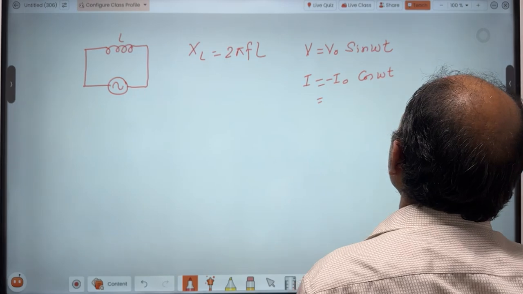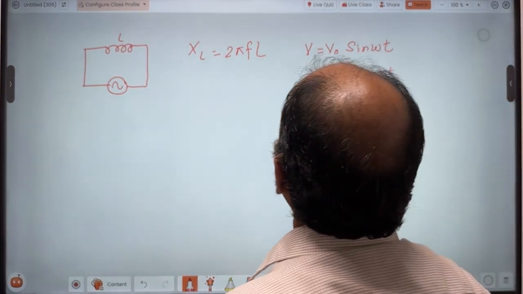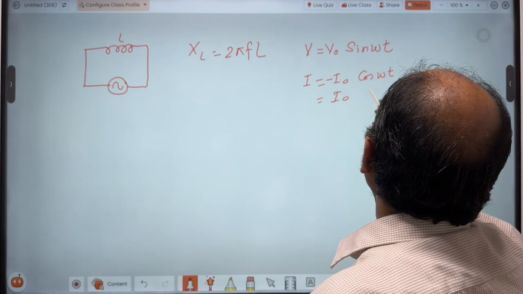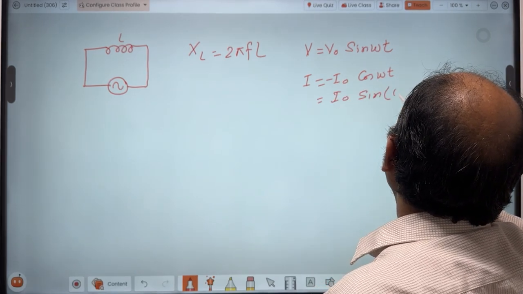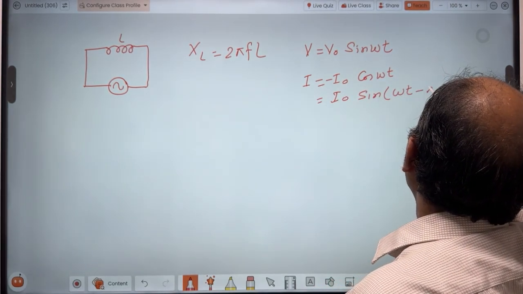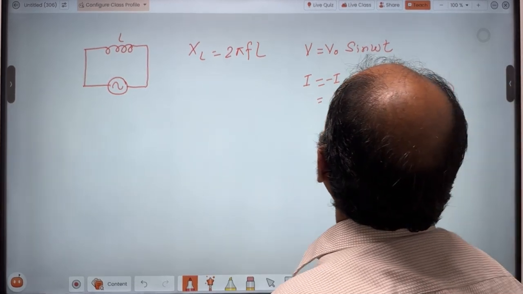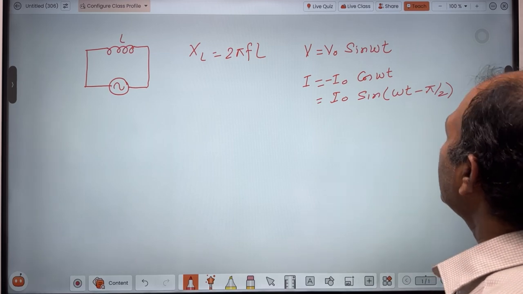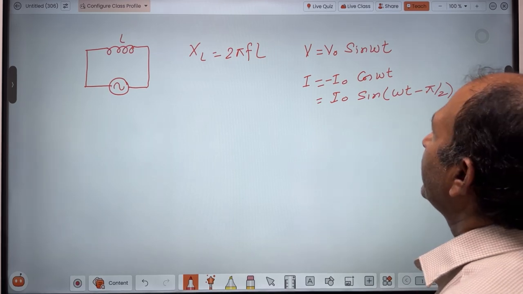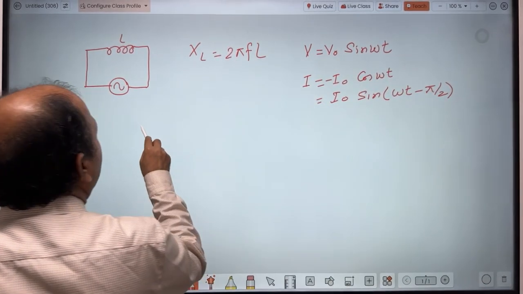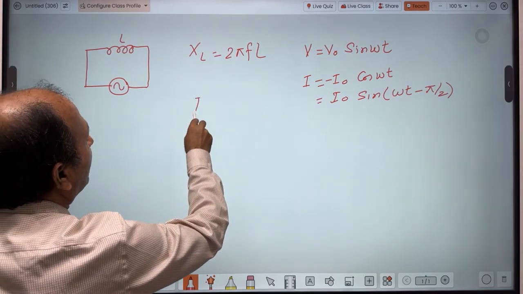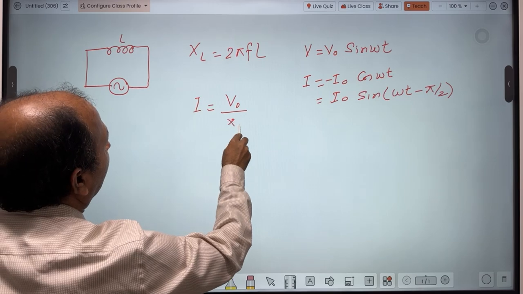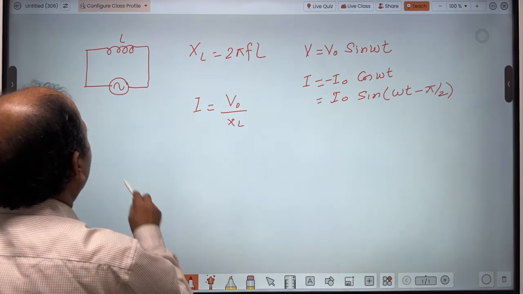So I'm not deriving the result, right? So what will it become further? So we write it as I0 sine omega t minus pi by 2. Then we say that in such case, what happens? Current lags voltage by pi by 2, and here I0 can be found by V0 divided by XL, right?